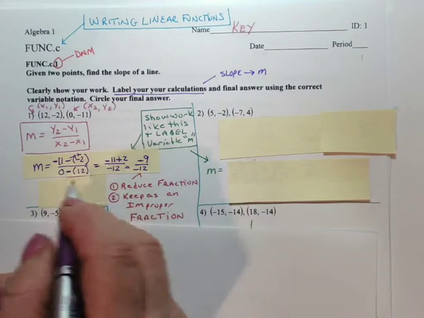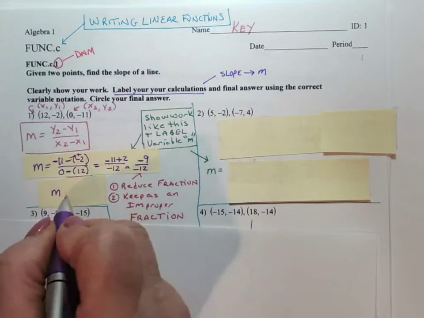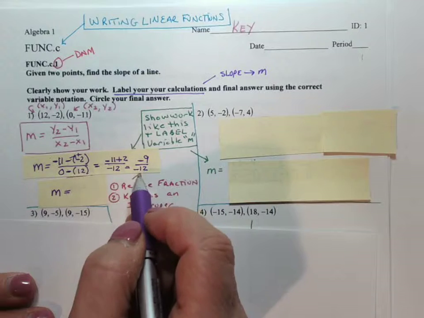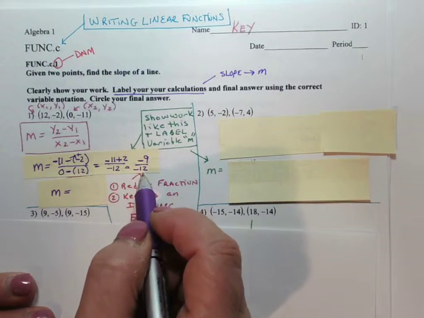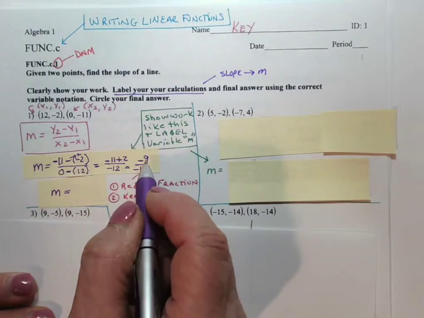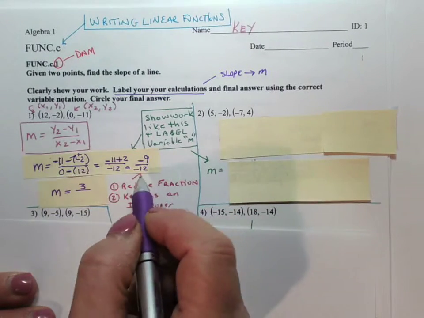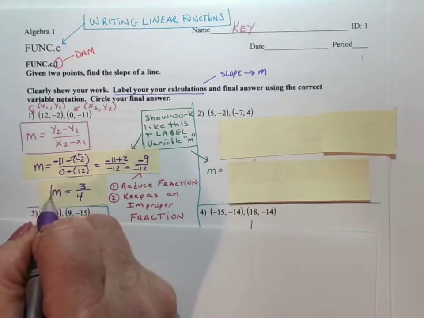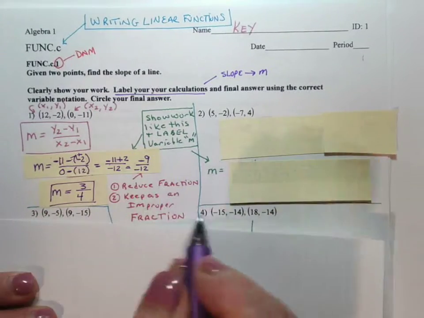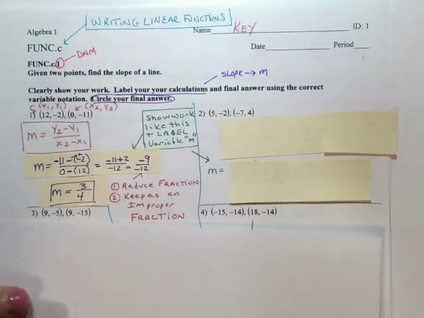So your final answer, remember the variable m equals a negative and a negative is a positive. 9 divided by 12, 3 goes into both of them. 9 divided by 3, the numerator's 3. 12 divided by 3, the denominator's 4. And circle your final answer.